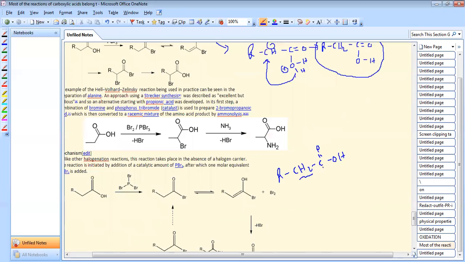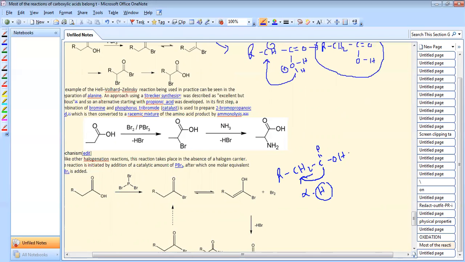The carbon adjacent to the functional group carbon is known as the alpha carbon, and if this alpha carbon has at least one hydrogen, that hydrogen is known as alpha hydrogen. Carboxylic acids with at least one alpha hydrogen give alpha halogenated carboxylic acids, so they may participate in the HVZ reaction.